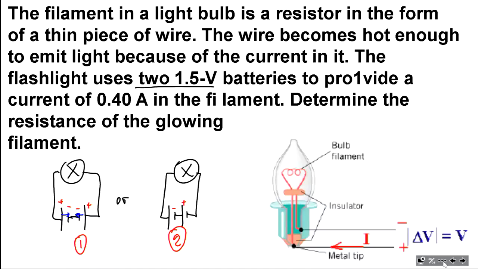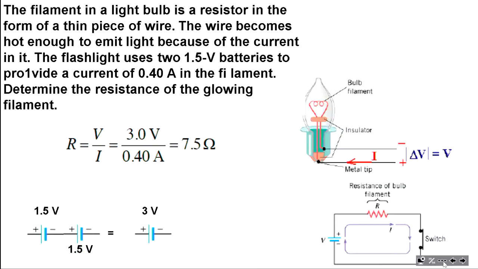And what should we calculate now? Calculate resistance. Well, that's easy. Resistance equals voltage over current. Since we know the current and we know that the voltage will be combined from 2 batteries, that's a simple calculation. Any questions?